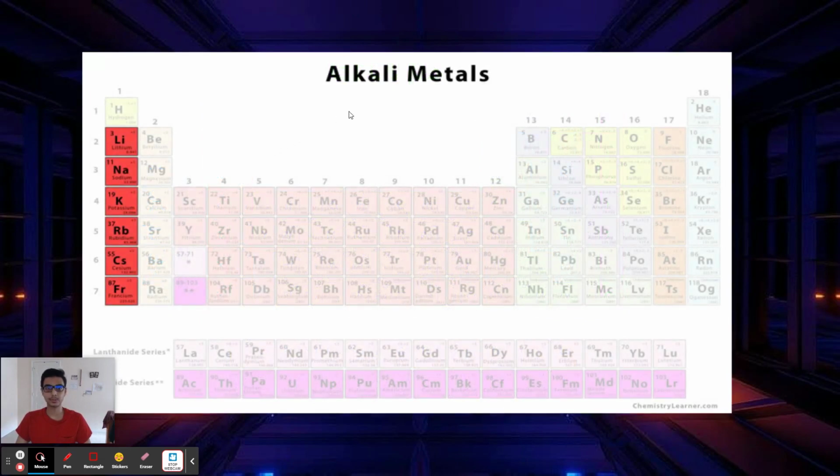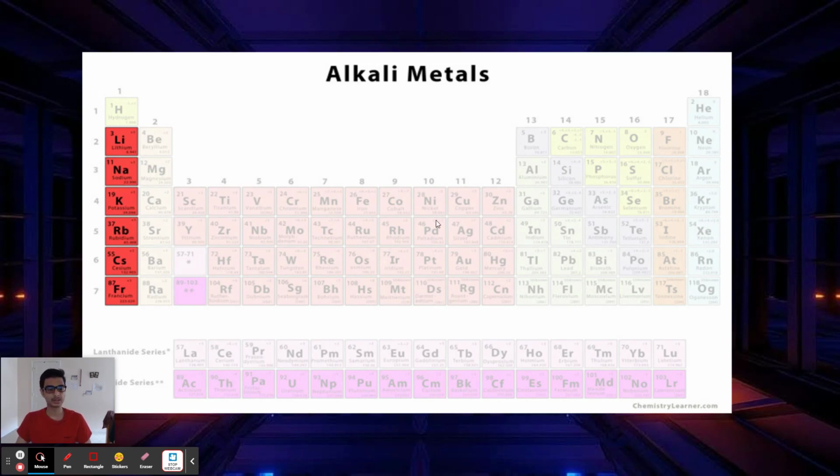So the first group, group 1A, is also known as the alkali metals, and this contains elements such as lithium, sodium, potassium, rubidium, cesium, and francium. These are highly reactive when they come in contact with an acid or some form of gas, and these are most likely to form a salt when they're paired with group 7A elements.